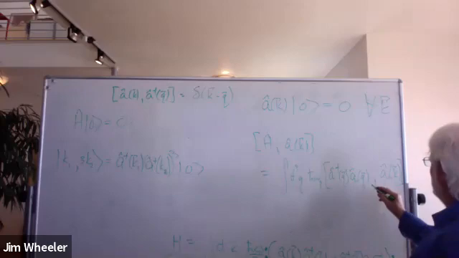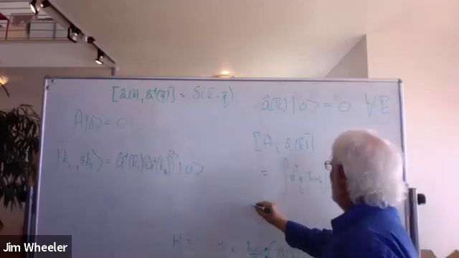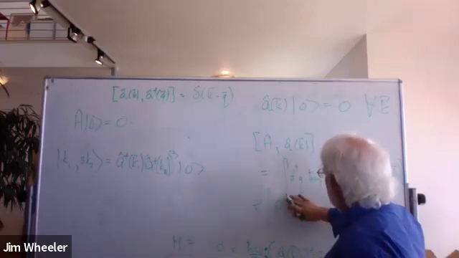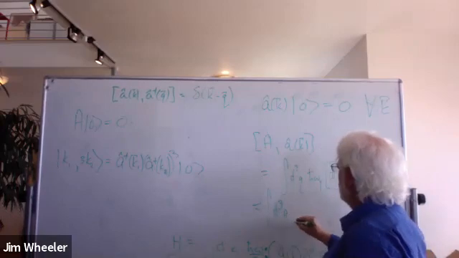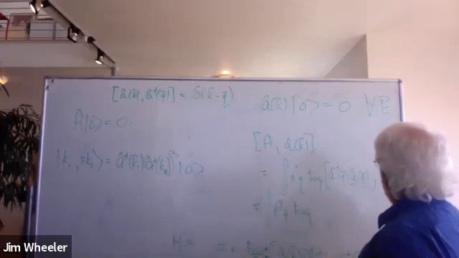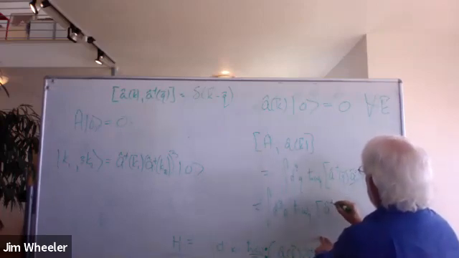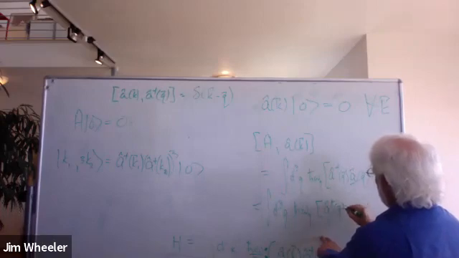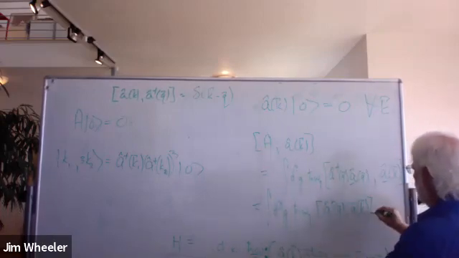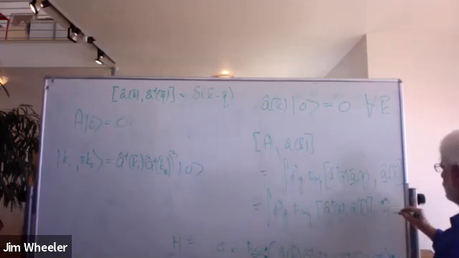We can do this because, first of all, A commutes with A, whatever the K. So we have d3K, d3Q, H bar omega Q. I bring this past and we have A hat dagger of Q, A hat of K, times A hat coming out to the right.